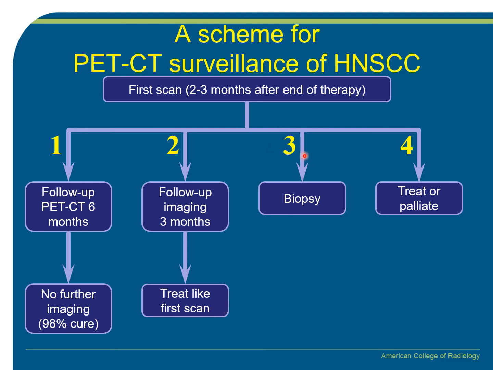If the NI-RADS is a 3, then we biopsy as is appropriate for NI-RADS. If it's 4, we treat or palliate that patient. So often we need to biopsy to prove the NI-RADS 4 category or for experimental therapies, but all of these patients move on in their treatment.